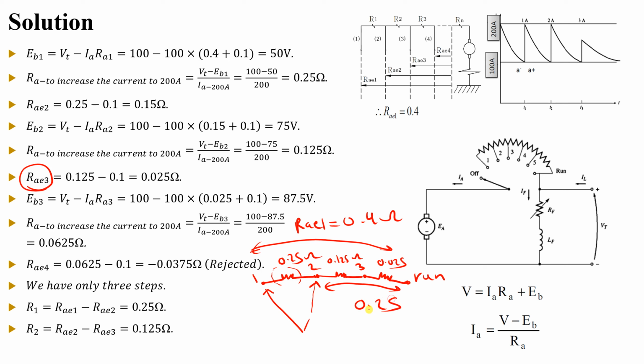Then in the last position, step 3, we will have 0.025, and then we go to the run position. So this is how you design the starting of a DC machine.